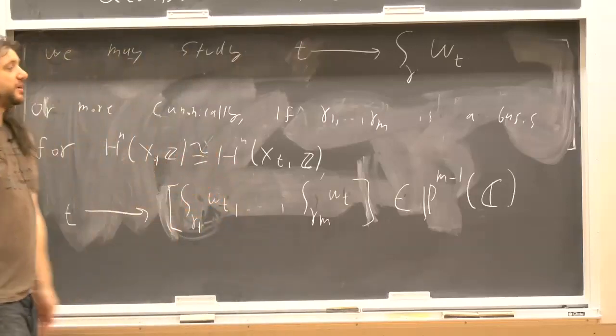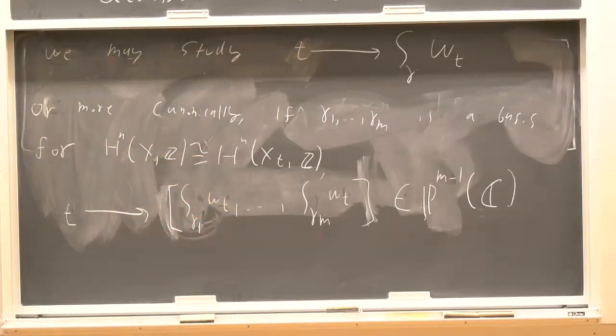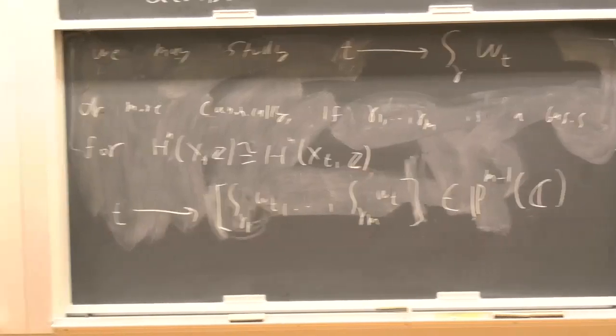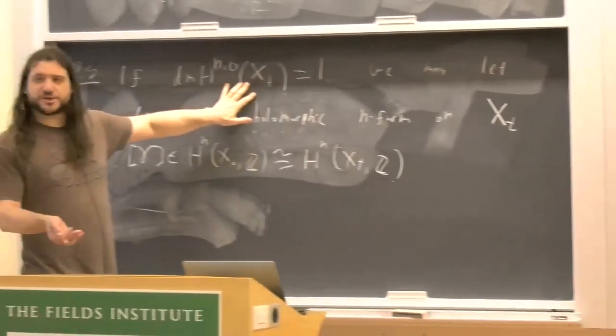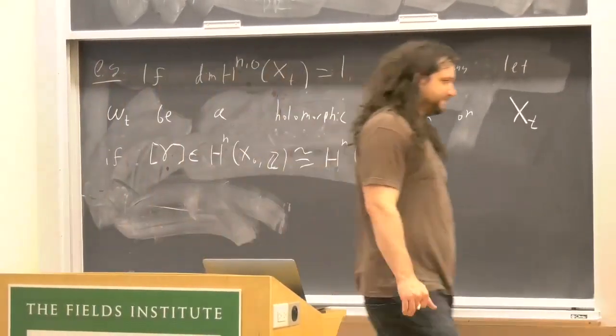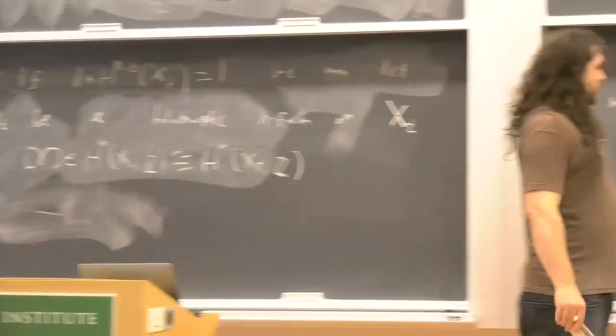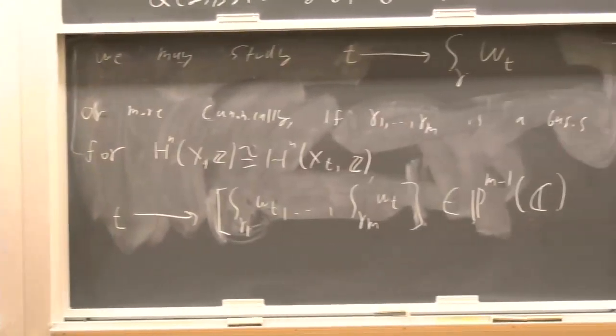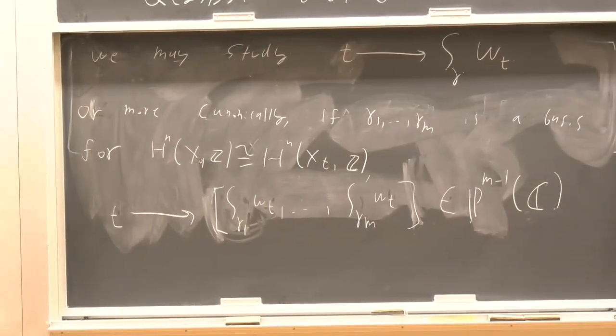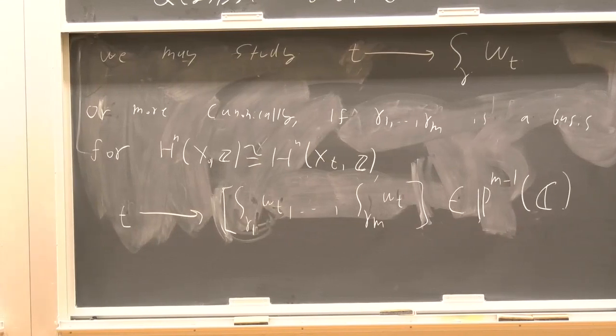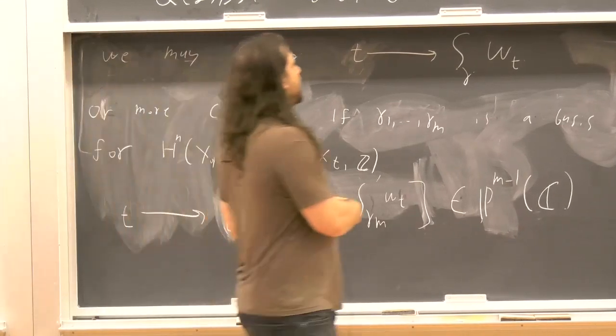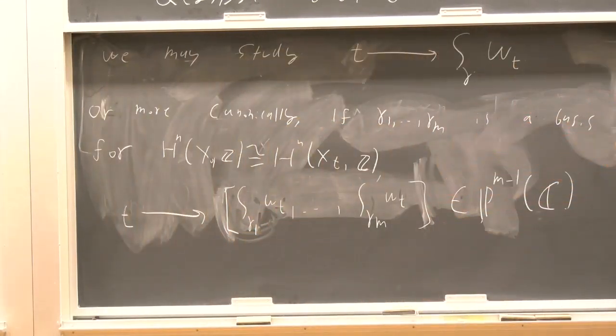In general, though, you will get a point not in projective space, but inside some Grassmannian, depending on the dimension of h^{n,0}, or whichever H^{p,q} you happen to be looking at. Great, so now we have these maps, and now we can study these maps as we vary. So that's the local picture in terms of what's going on.